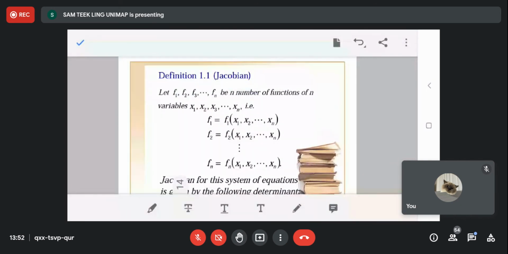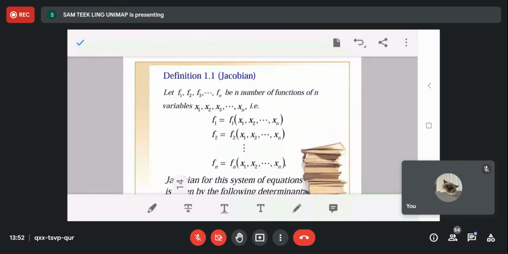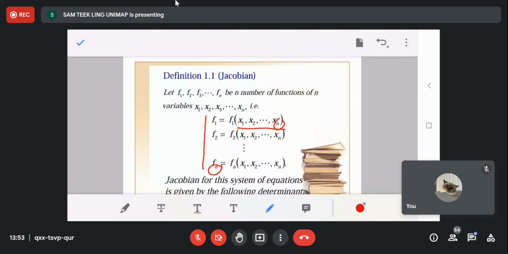Now is Jacobian. The Jacobian is for n variables and n functions. You can see these are the variables, up to n variables, and these are all functions, so n functions. This is the general case: n variables and n functions.